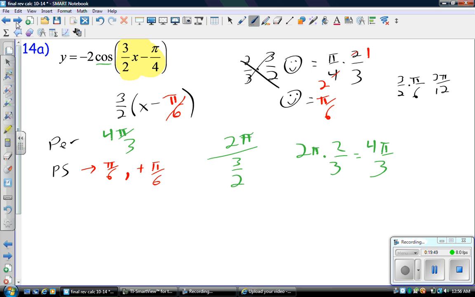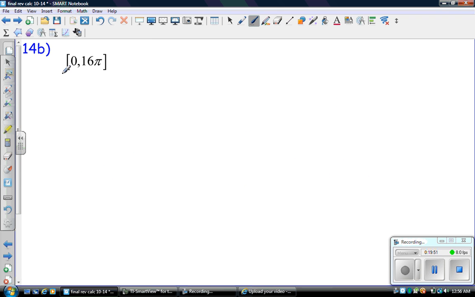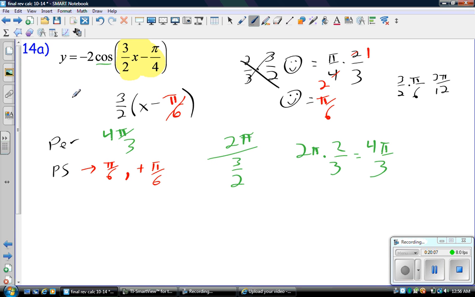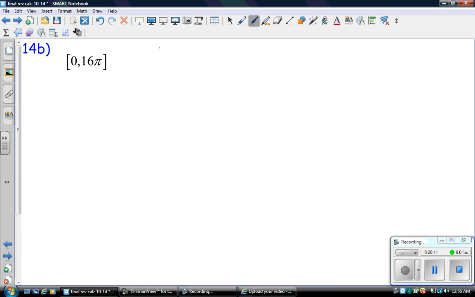Now 14b asks how many complete cycles it completes over the interval 0 to 16 pi. Remember, the period was 4 pi over 3.